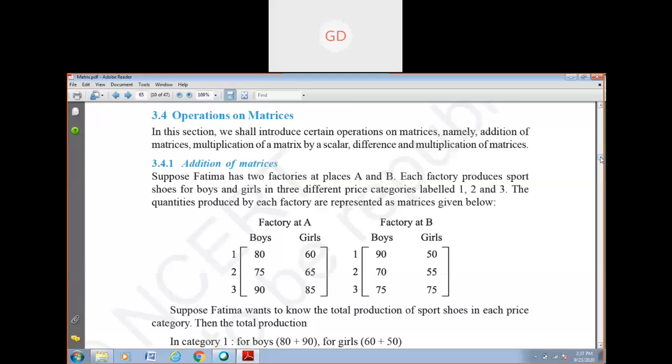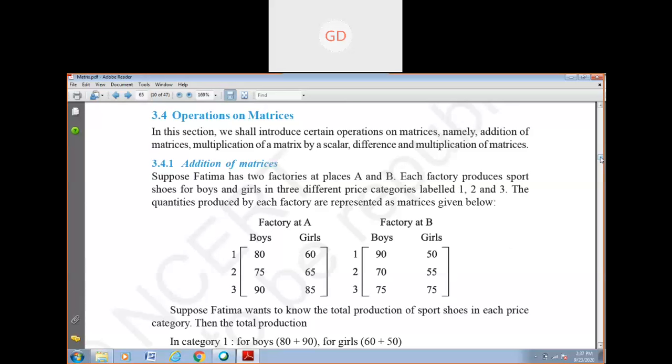And matrix multiplication means when two matrices are allowed to multiply, and how to multiply them. So no division is here. A matrix cannot be divided by another matrix. So matrix division does not exist, because these are not values actually. Multiplication is allowed through certain rules. So these operations we are going to discuss through these contents.